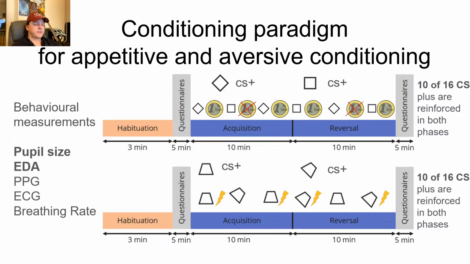And after several repeats, usually in the second phase of conditioning for this paradigm, the conditioned symbol CS plus causes the conditioned response, which means that it causes the same reaction which was previously caused by the unconditioned stimulus, like the money or electrical stimulation.